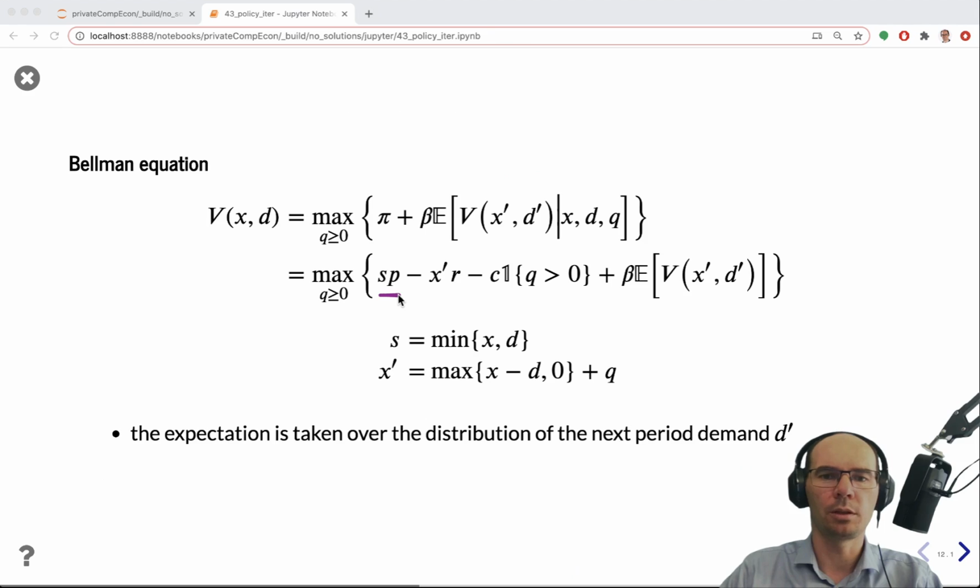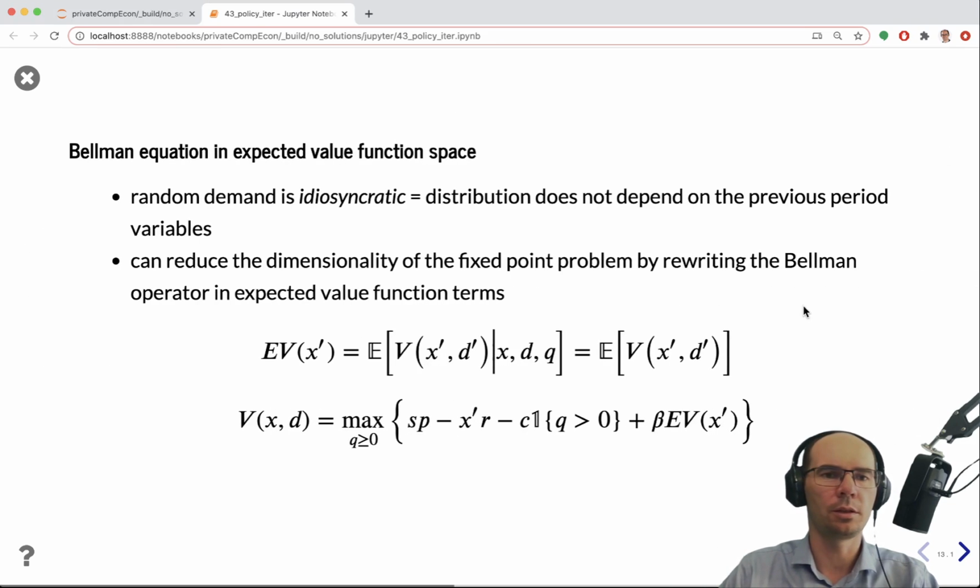And we can expand it a little bit by saying that if we sell S, then the profit is given by SP minus X prime R, where X prime is the next period inventory, and then this indicator times the fixed cost of making an order.